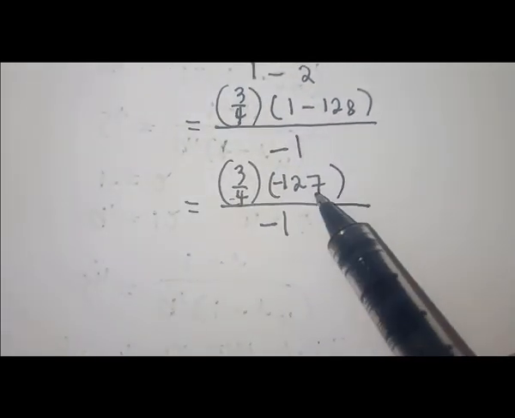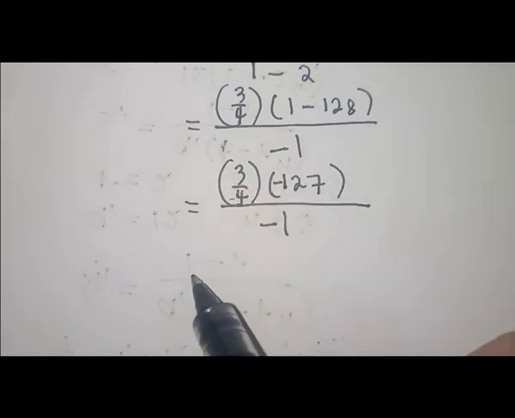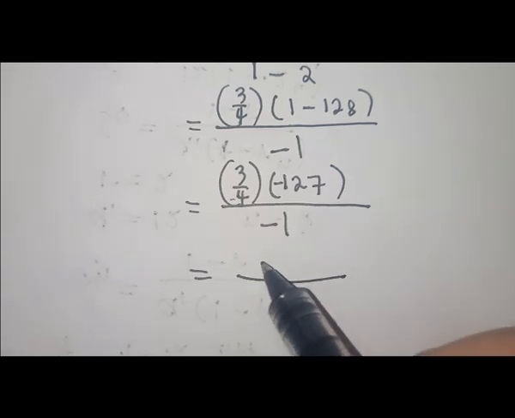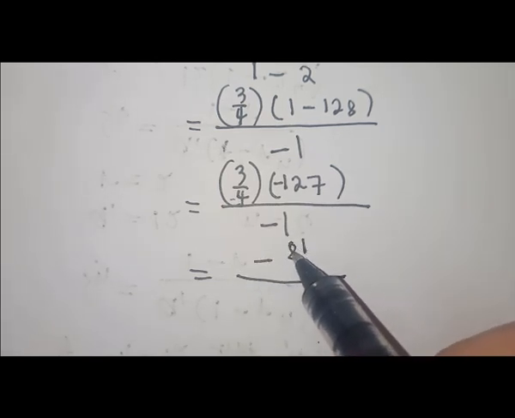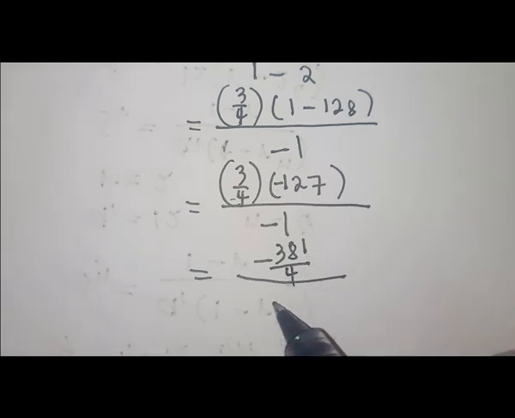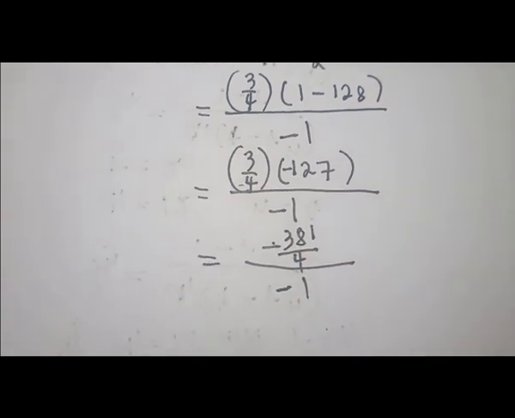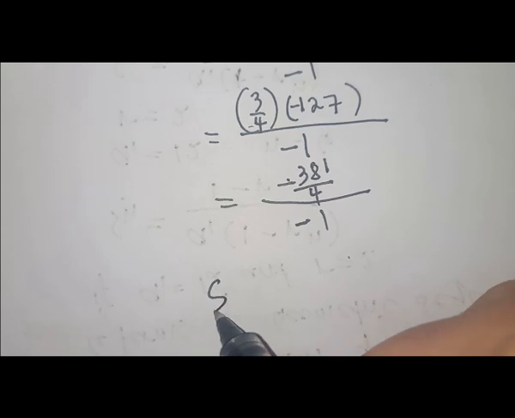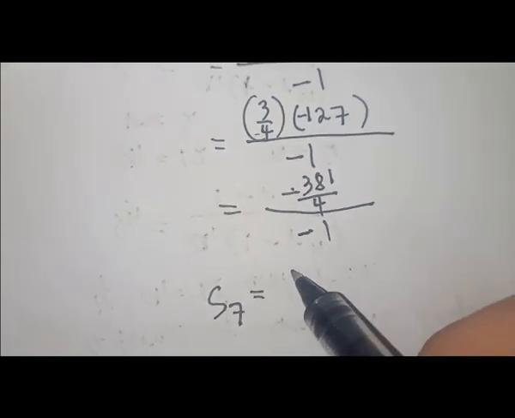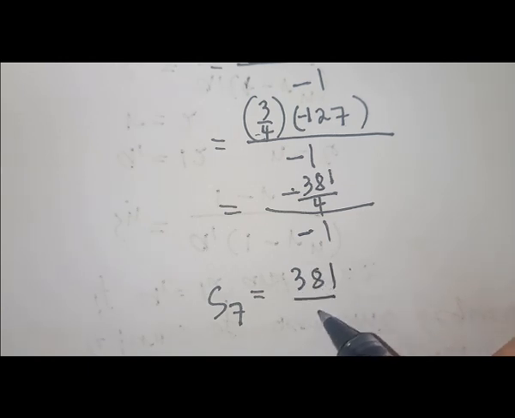So, multiply negative 127 by 3. We will have negative 381 over 4 divided by negative 1. Negative divided by negative will give you a positive. Therefore, the sum of the first 7 terms of the given sequence is 381 over 4.